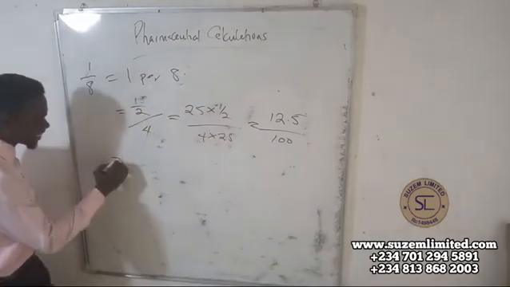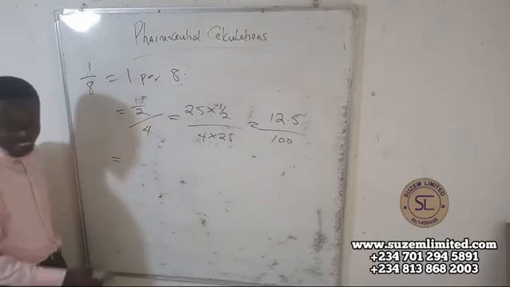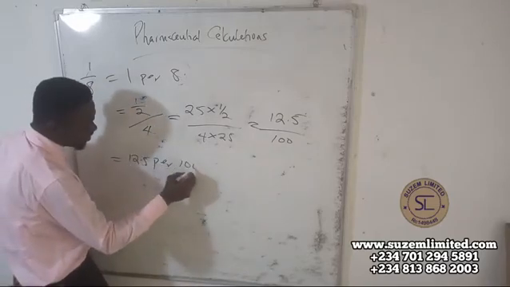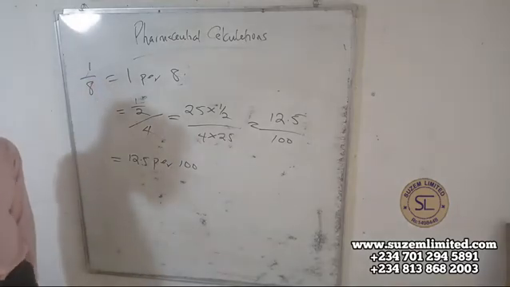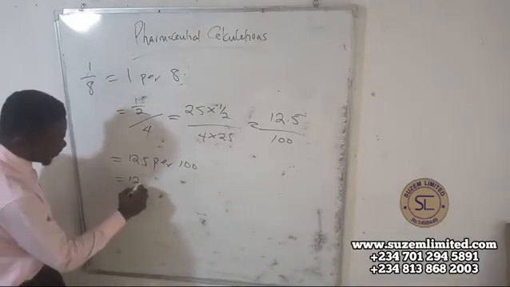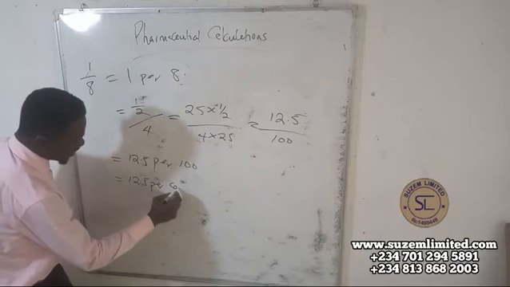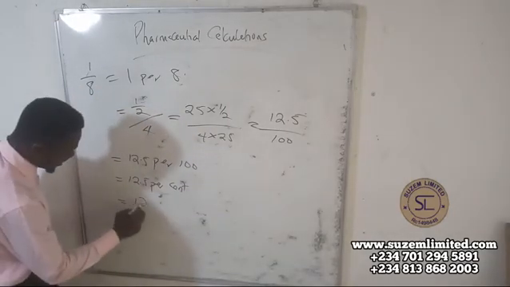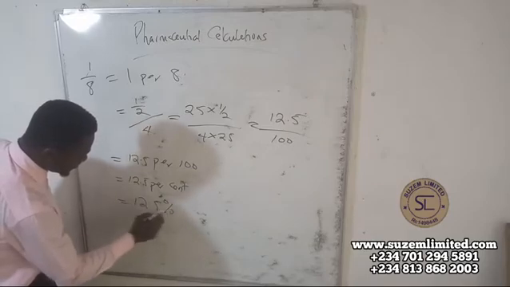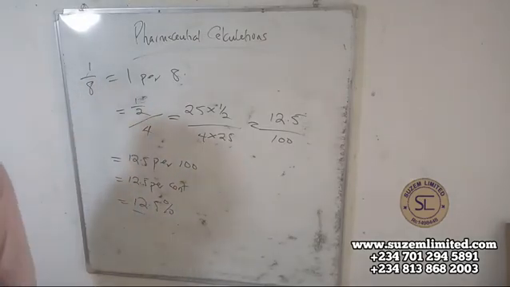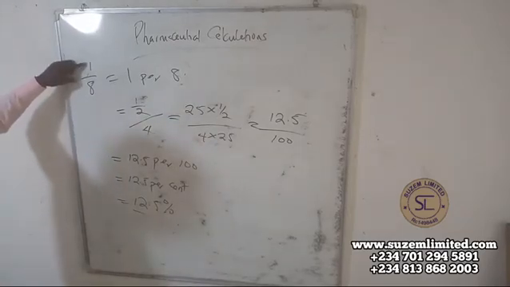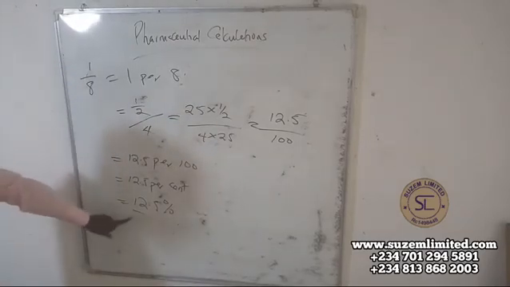So 12.5 over 100 is taken as 12.5 per 100, which is taken as 12.5 per cent, which is not taken as a symbol. Does it make sense? Have you not seen how I converted 1 over 8 to 12.5%?